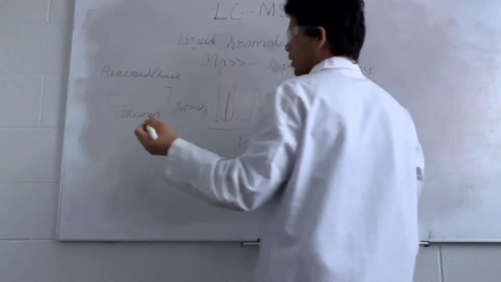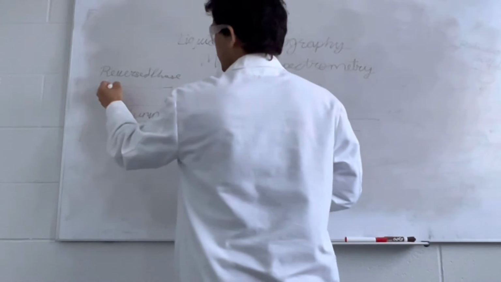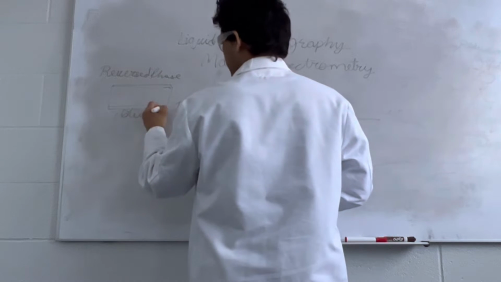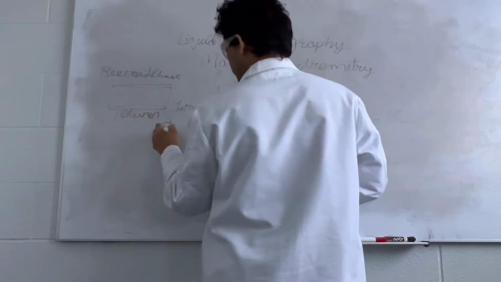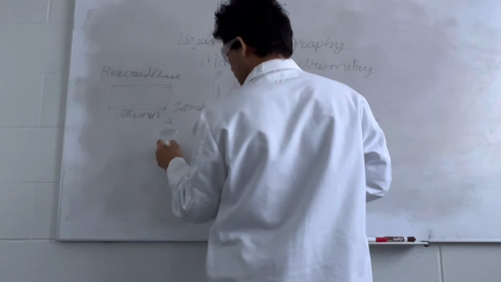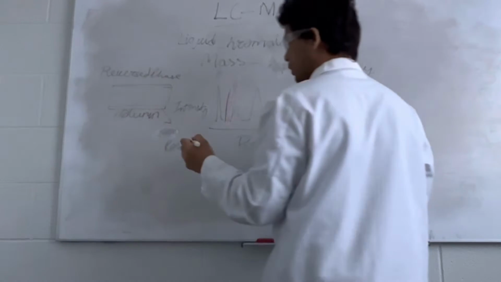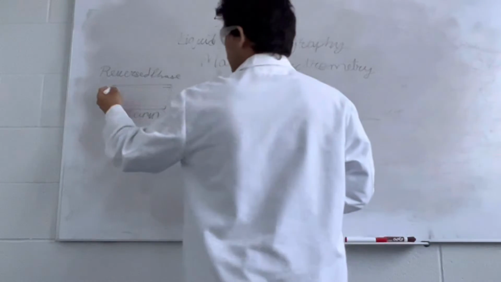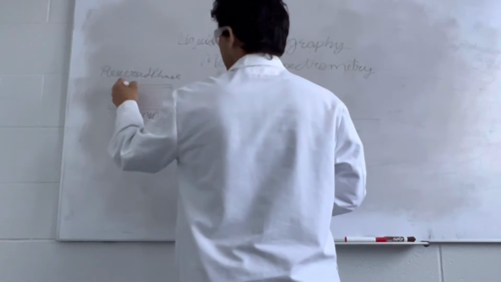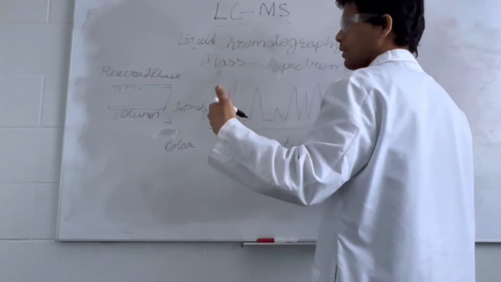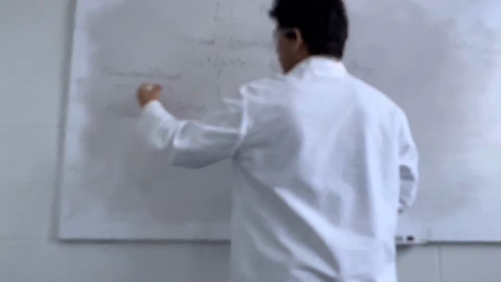In this reverse phase column, the stationary phase is usually non-polar. When the sample comes into the column, if it is non-polar in nature, it will bind to the column, and if it is less non-polar, then it will bind later in the column.